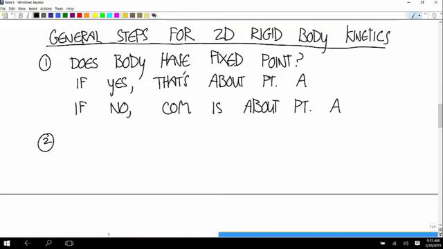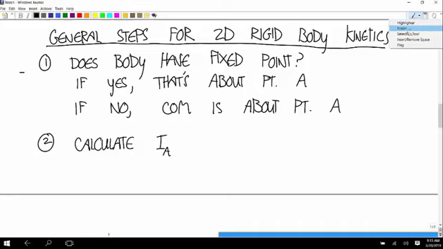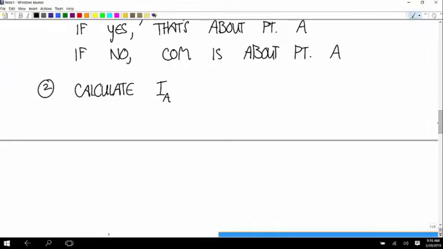Second, now that we've chosen the about point, calculate the mass moment of inertia. Third, draw a free body diagram.